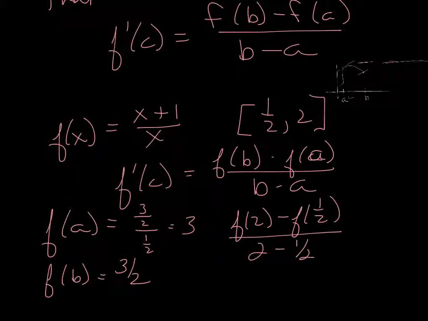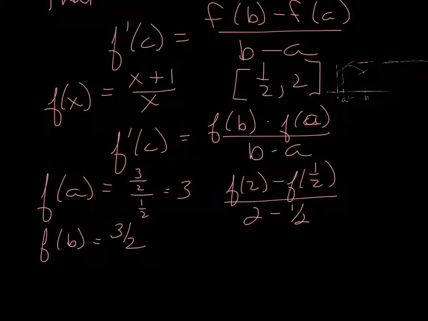We've already figured out what f of a and f of b are, so I can fill them in. 3/2 minus 3 over 3/2, which is 3/2 minus 6/2, is negative 3/2 over 3/2, which equals negative 1. So the average rate of change is negative 1.